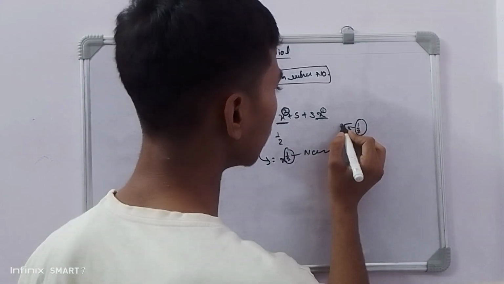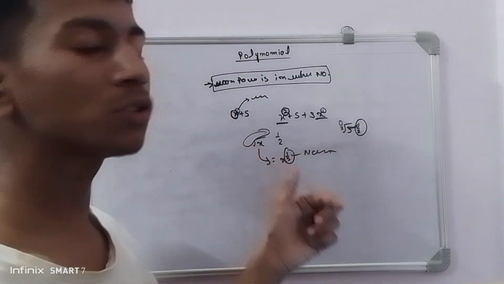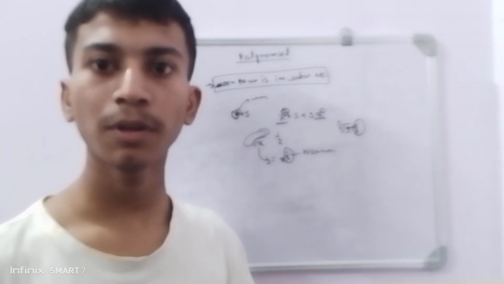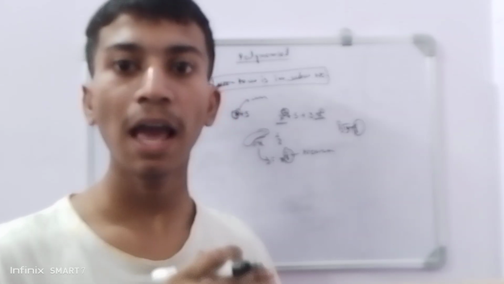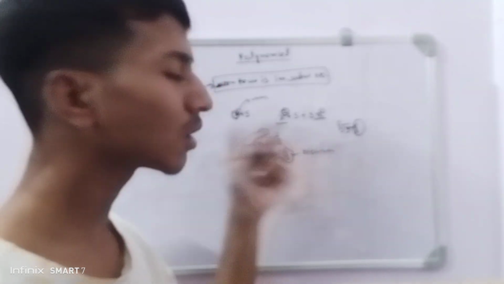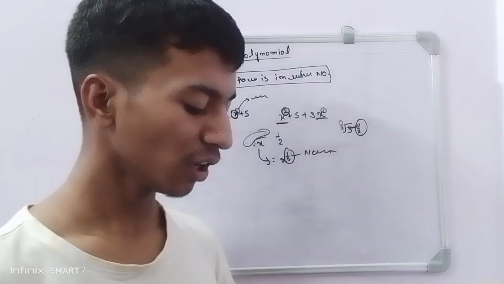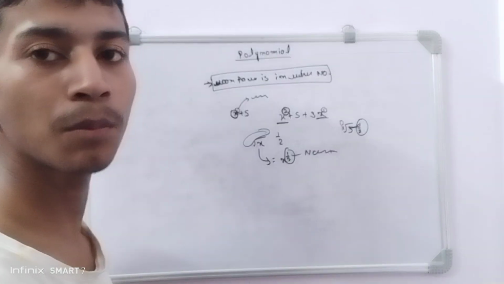Here the variable power is 1. The root is about the constant. You have to check the variable power, because students get confused between the variable and the constant, and while solving the question quickly they reach a wrong conclusion. So I think you get how to identify whether any term is a polynomial or not.